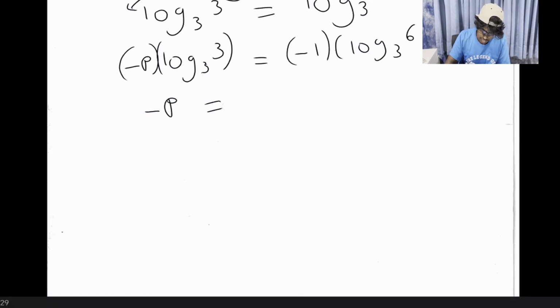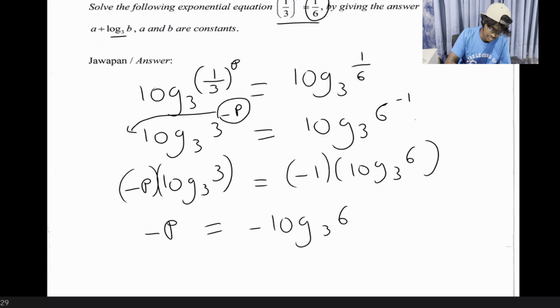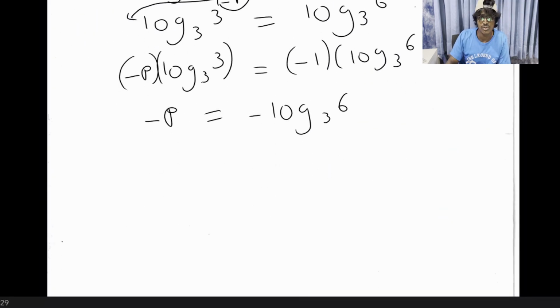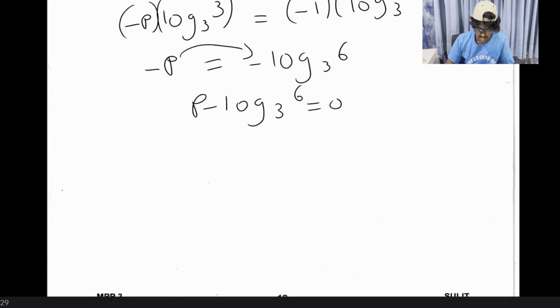And now here we have negative log 6. As we can see here, the question wants it to be in this form. So all we really need to do is take this and go over here: p minus log 6.